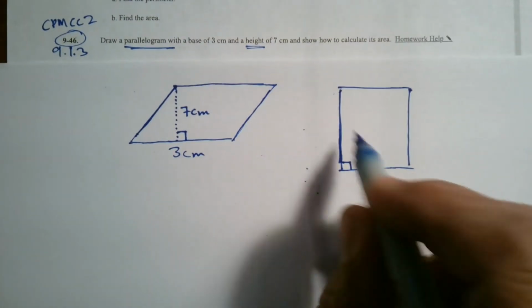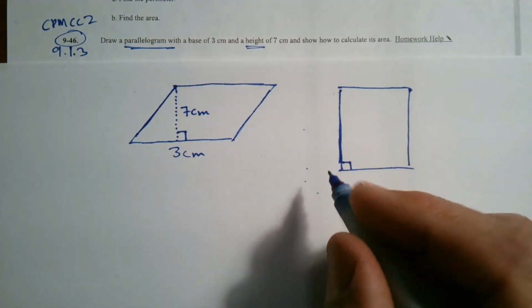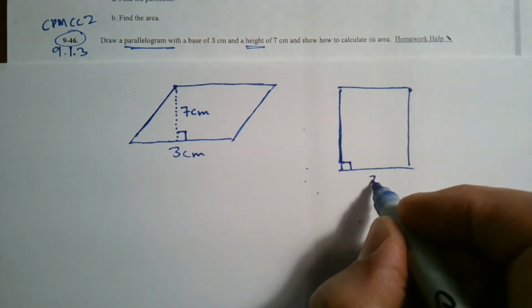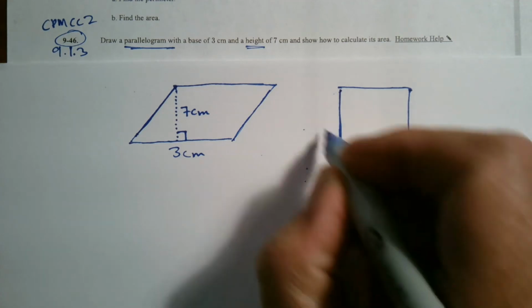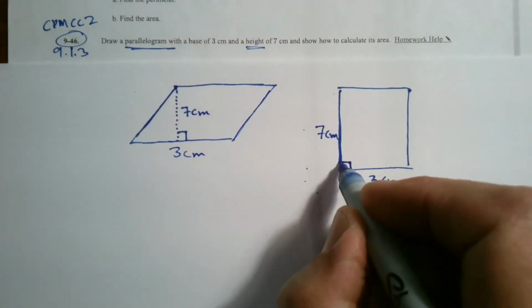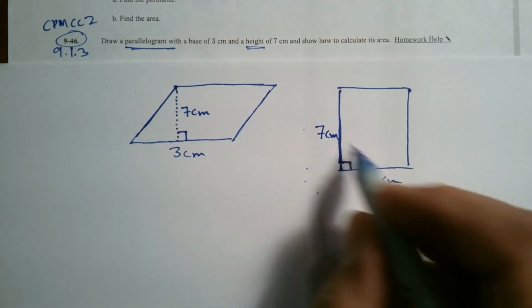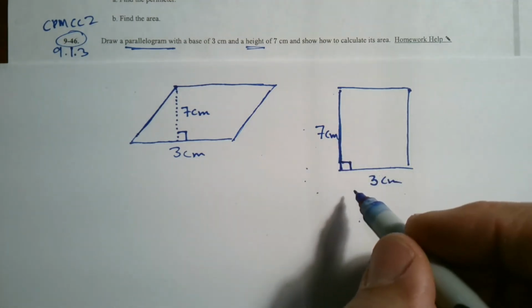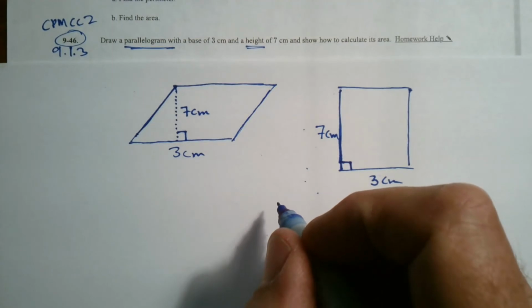I actually could draw a rectangle, and still it's known as a parallelogram, right? With its base as 3 centimeters and its height as 7 centimeters. The base and the height just have to create that 90-degree angle, and that's what a rectangle would do. So each of these would be examples of parallelograms.